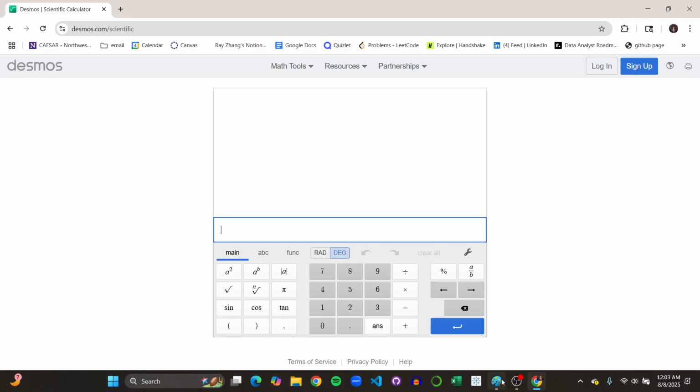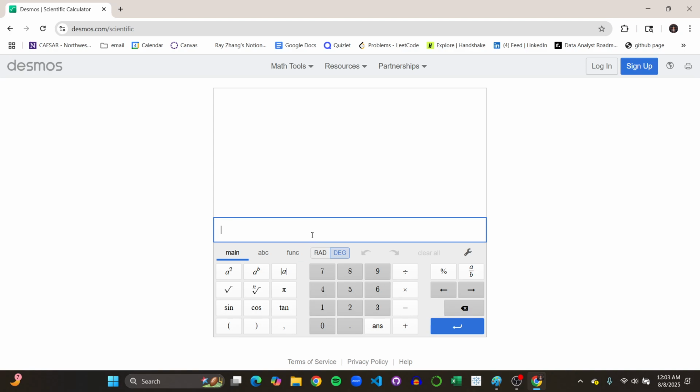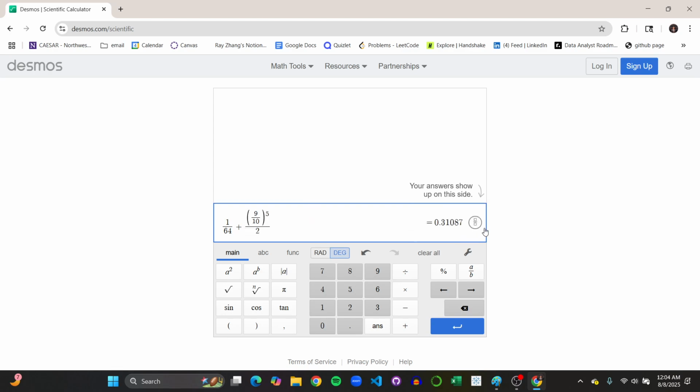So we had 1 over 64. I'm just going to simplify the left fraction a bit. Yeah, so we get this number.